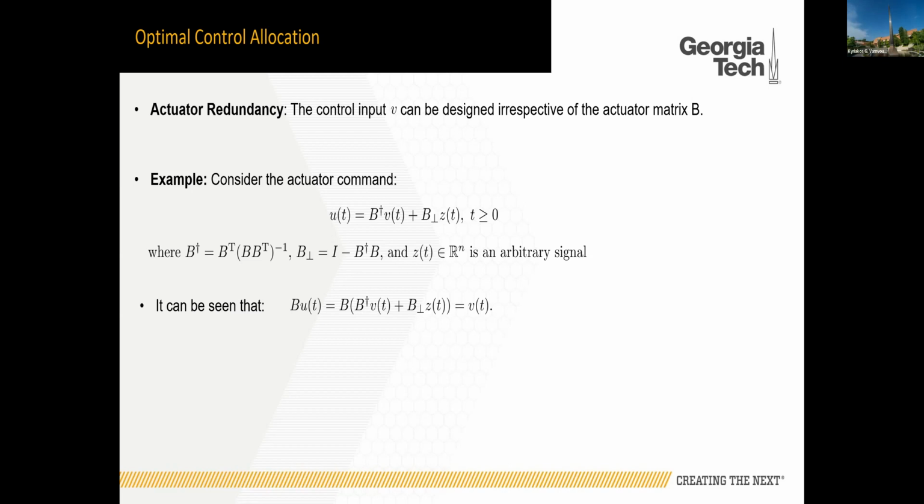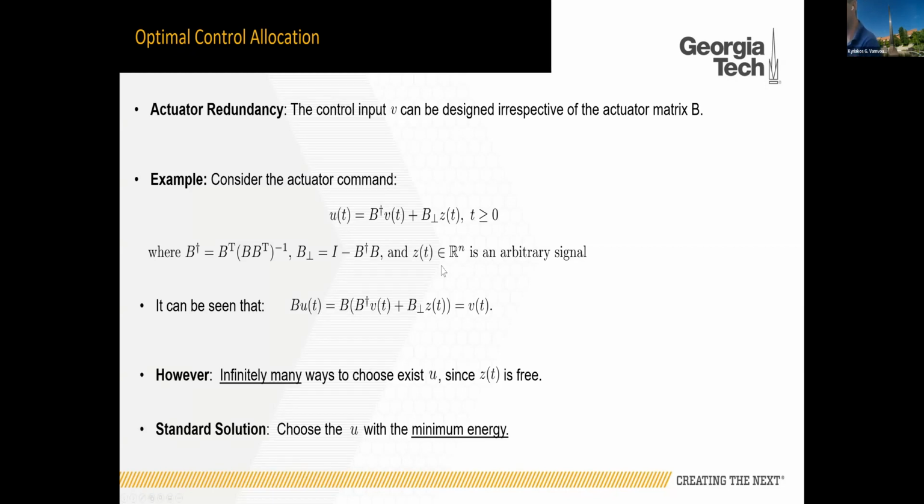For example, let's say I consider the actuator command to be this U, where B dagger is the pseudo inverse, plus a range particular term with a signal Z that is arbitrary. It can be seen that I can pick this BU as follows, and this still gives me V. So there are infinitely many ways to choose U, because Z is free.